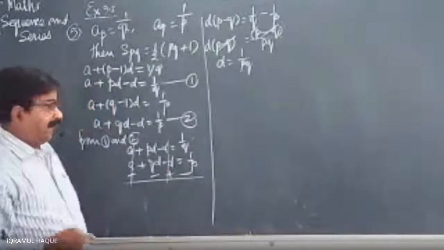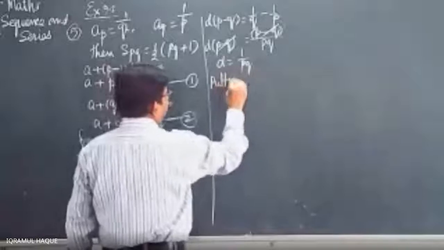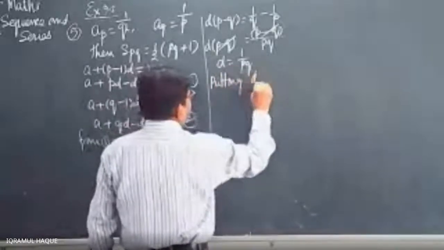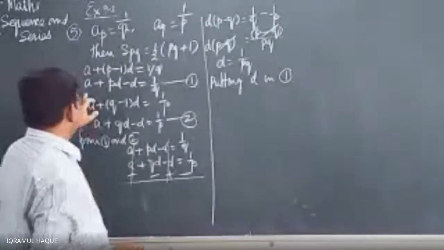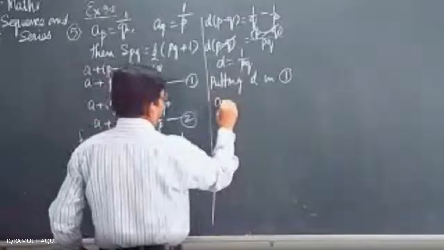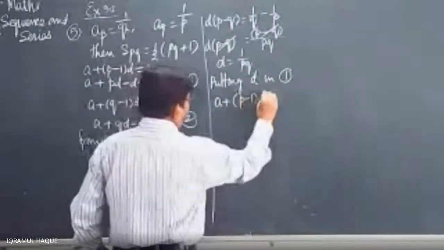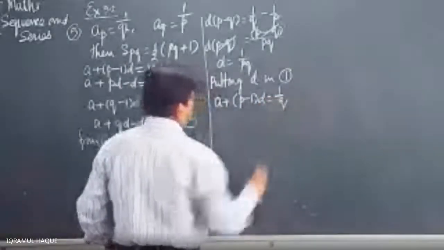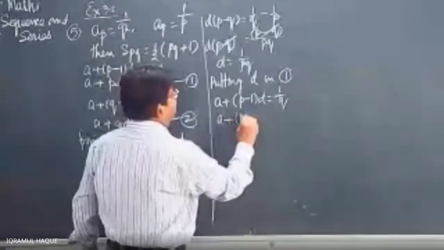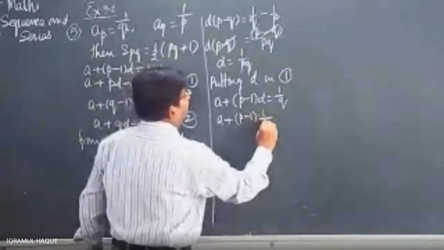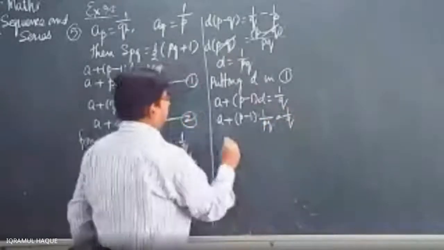Get the value of A. Putting D in 1 or 2, in any of the equations. See, we have A plus (P minus 1) into D is equal to 1 upon Q. Write the value of D: A plus (P minus 1) into 1 upon PQ is equal to 1 upon Q. Send this term to this side.